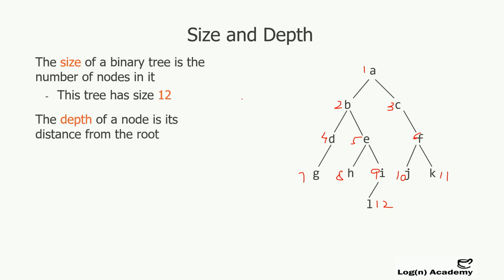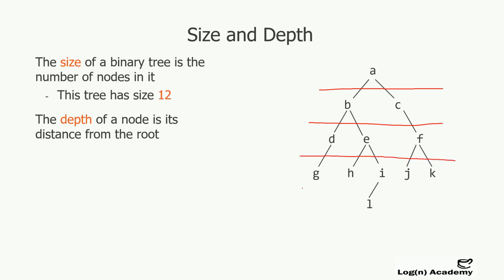The depth of a node is its distance from the root. Let's divide this tree into levels. The root level is always level 0. Level 0, level 1, level 2, level 3, and level 4.